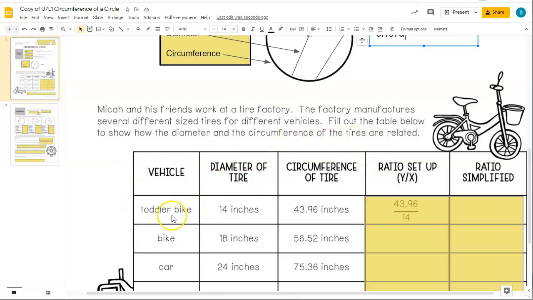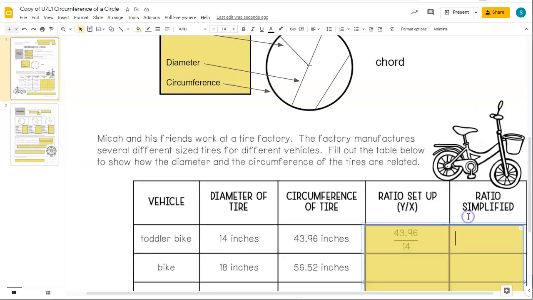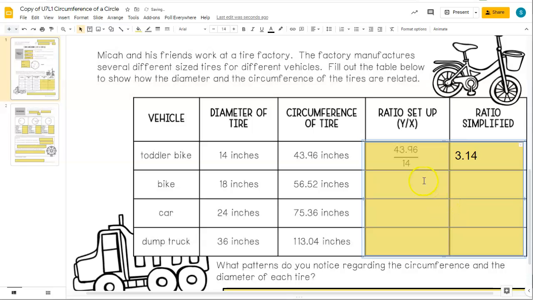Here we've got our toddler bike. The diameter of the tire is 14 inches. The circumference is 43.96 inches. If we do the ratio of the circumference over the diameter, that's that divided by that. I'm going to grab a calculator, and mine comes out to 3.14. Let's check our ratio for the next one.